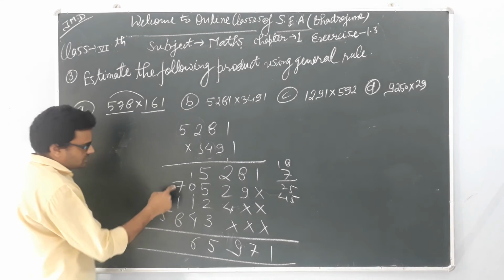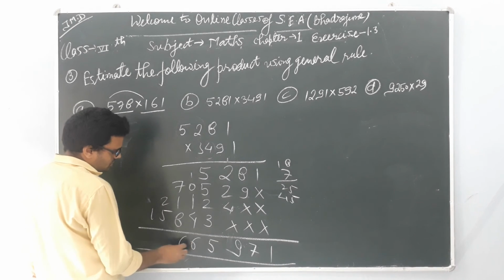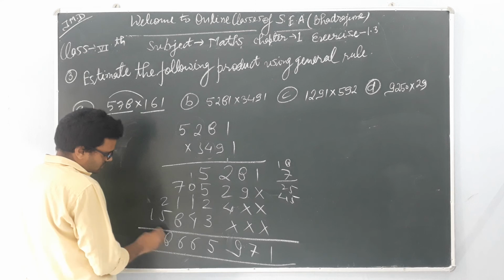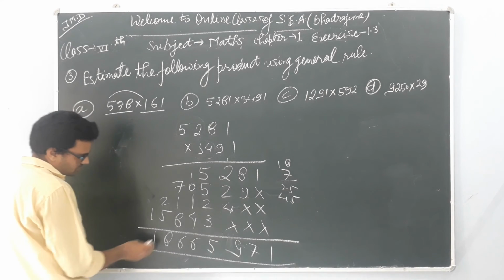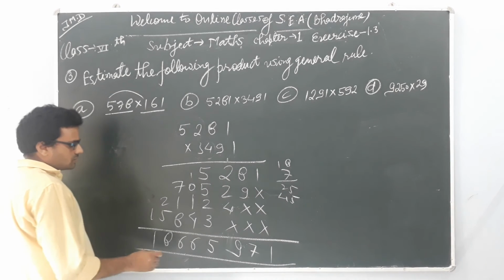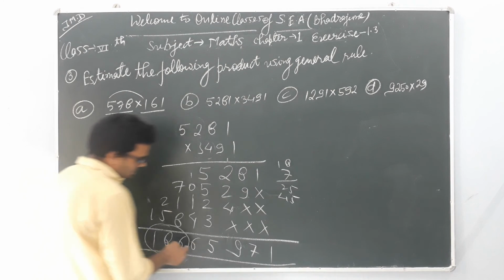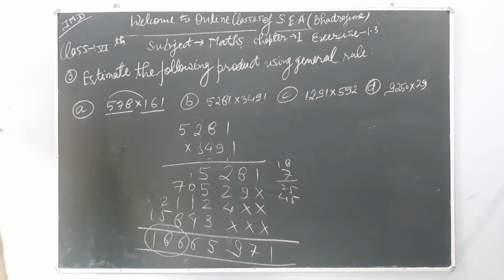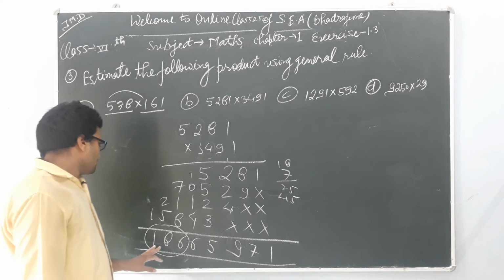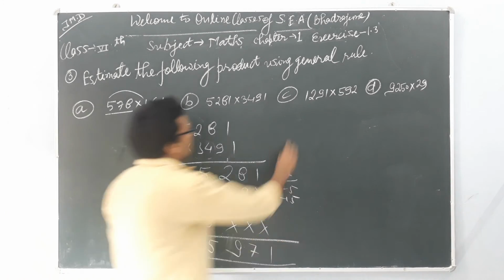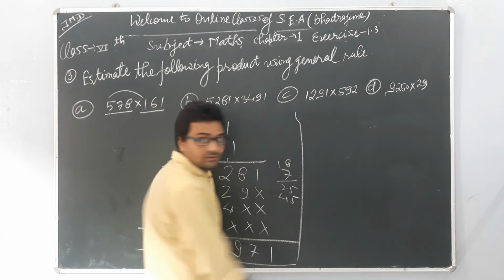After that 7 plus 1 is 8, 8 plus 8 is 16, 6, 1 carry, 7, 8. This is our answer, and if we talk about approximation, then our answer will be 186, and for the rest we will take 0 0 0 0. So our answer will be 1860000.